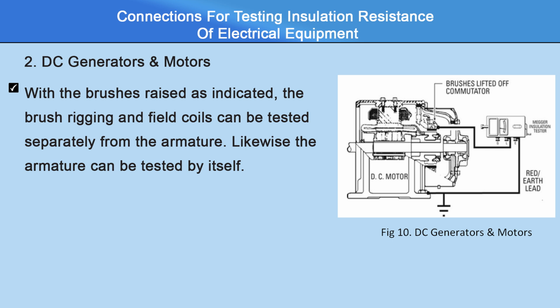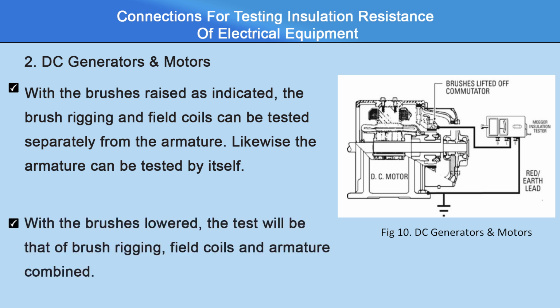With the brushes raised as indicated, the brush rigging and the field coils can be tested separately from the armature. Likewise, the armature can be tested by itself. With the brushes lowered, the test will be that of brush rigging, field coils and armature combined.